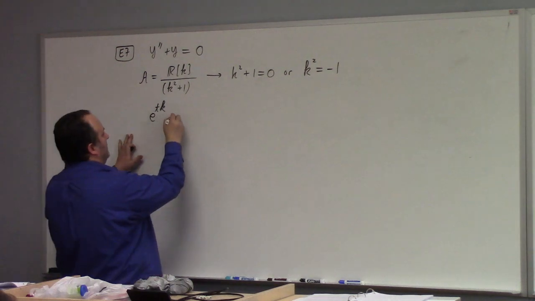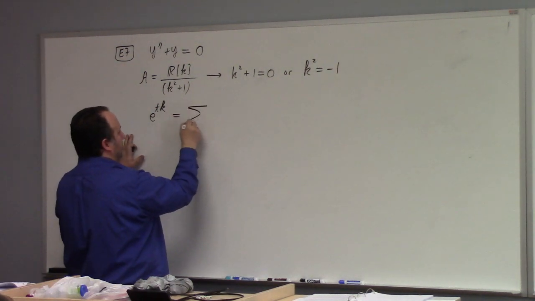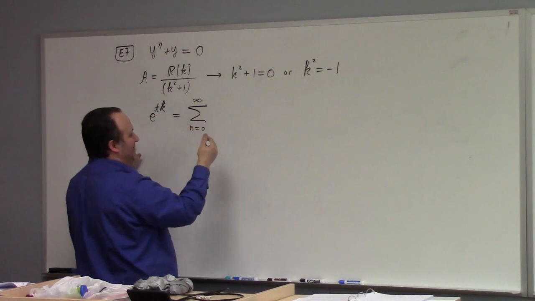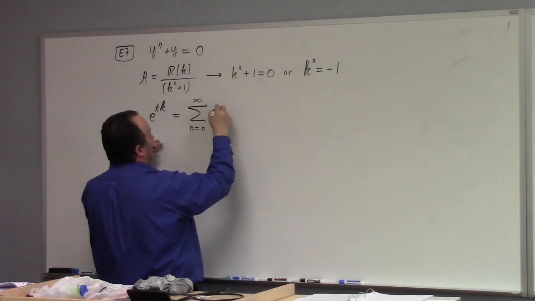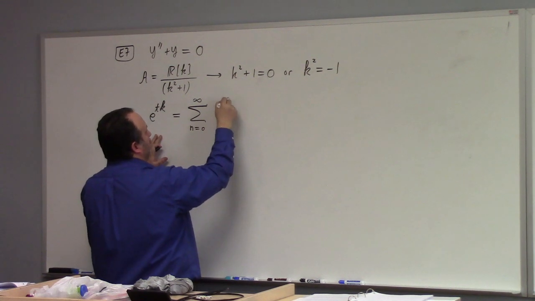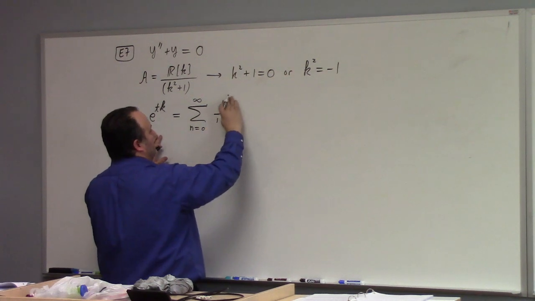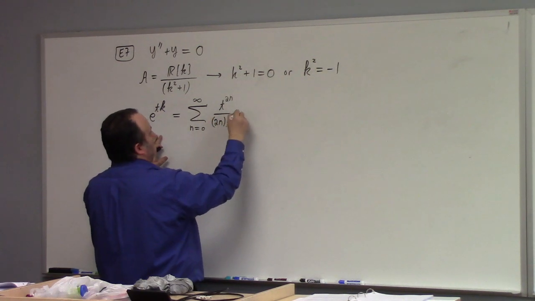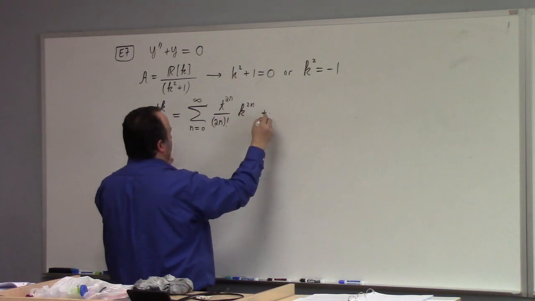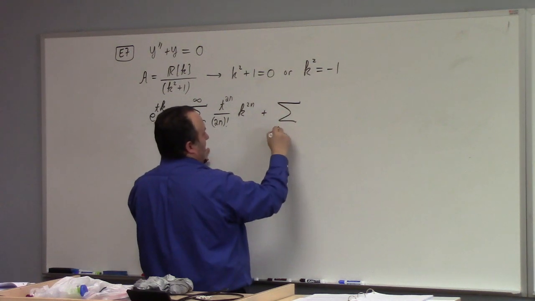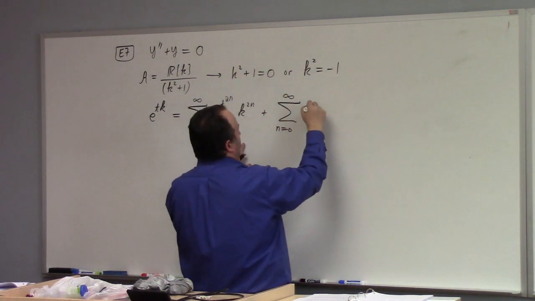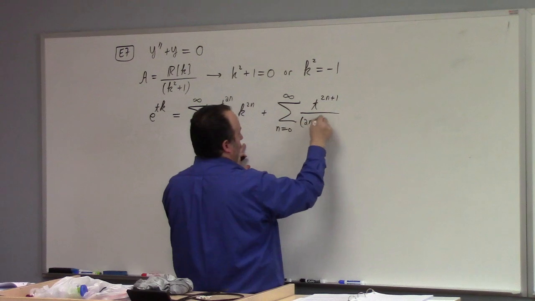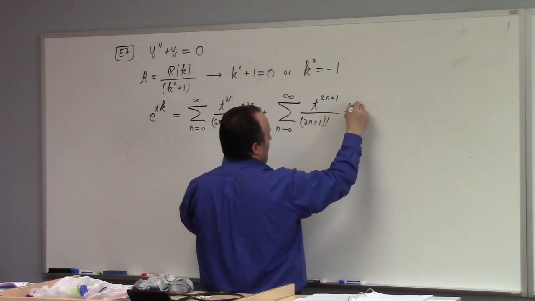I will rewrite this as the sum n equals 0 to infinity of t to the 2n over 2n factorial, k to the 2n, plus the sum n equals 0 to infinity of t to the 2n plus 1 over 2n plus 1 factorial, k to the 2n plus 1.